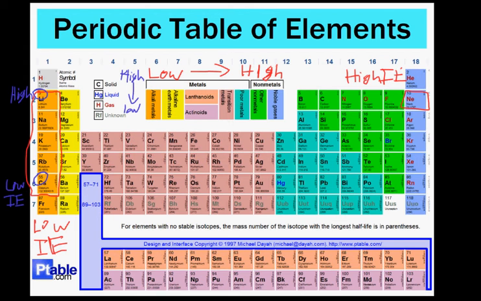So if you look at the whole wide scope of things, the general trend here is a line that goes all the way up here, just like that, from the bottom left corner to the top right corner of the periodic table. So that's the general trend.